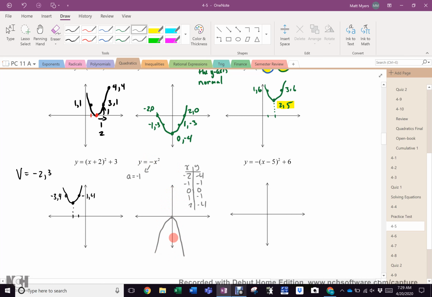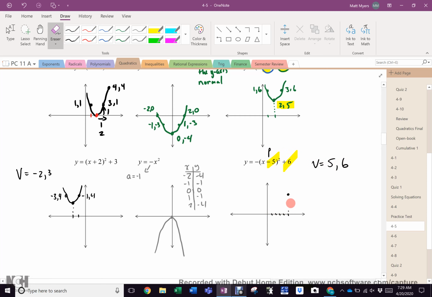All right, so let's have a look over here. You should be able to graph this. What do you see there and there? That gives you your vertex. Your vertex is what? -5. Oh, but I got to remember, that's P, so it's opposite. So our vertex is 5, 6. So 1, 2, 3, 4, 5, up 1, 2, 3, 4, 5, 6.